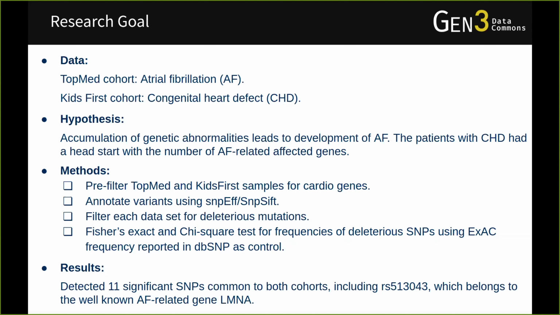We annotated those genes and looked at what variants they have using SnpEff and SnpSift tools, which are installed in our workspace. That's what is nice about it: you can combine both datasets in the same workspace. Then we filtered the data only for deleterious mutations. SnpEff gives you the information on whether a SNP affects gene function or not.